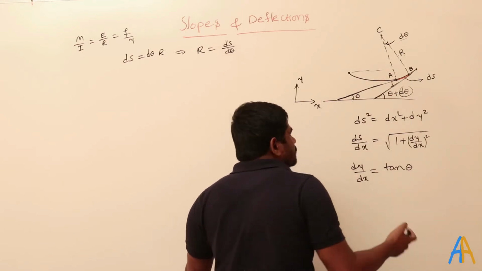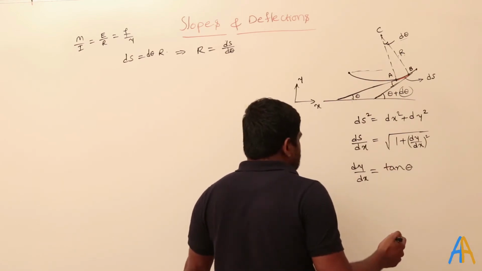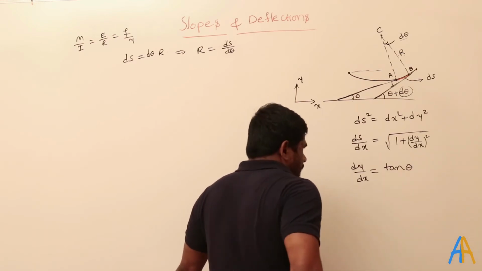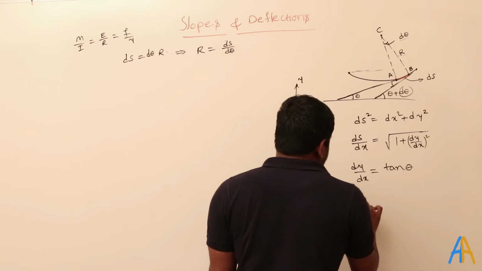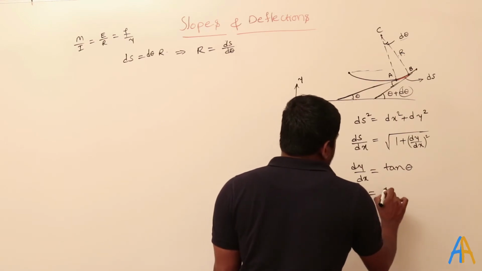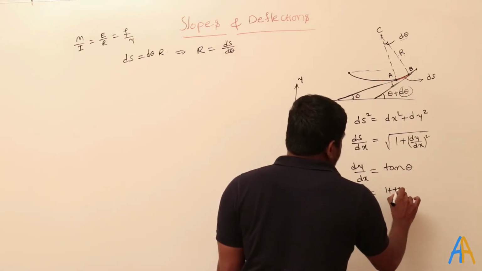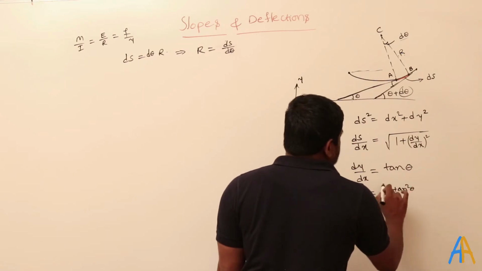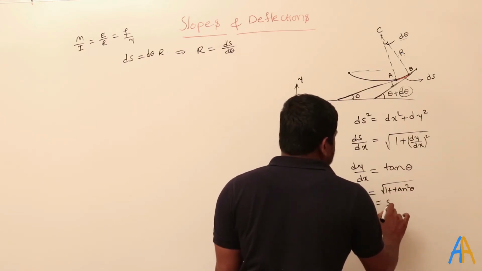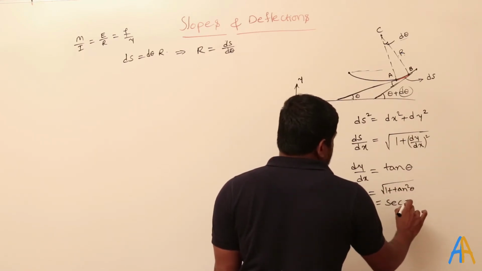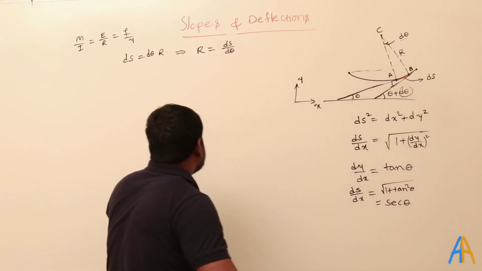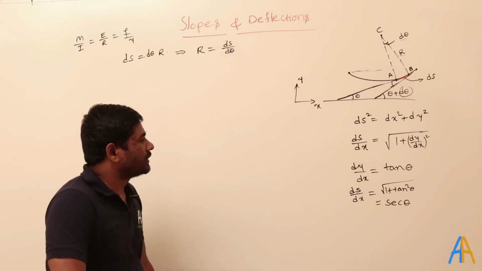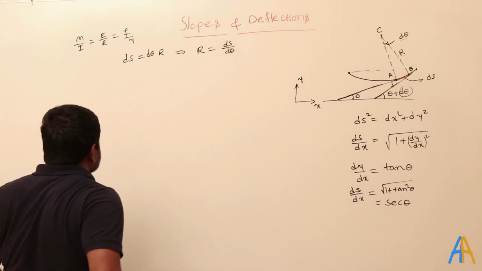Tan theta is nothing but the slope here. So that is what we got. If I substitute in this equation, then ds divided by dx will become the square root of 1 plus tan square theta. 1 plus tan square theta is nothing but secant square theta. So somehow I will do some jugaad here and try to derive in that manner.